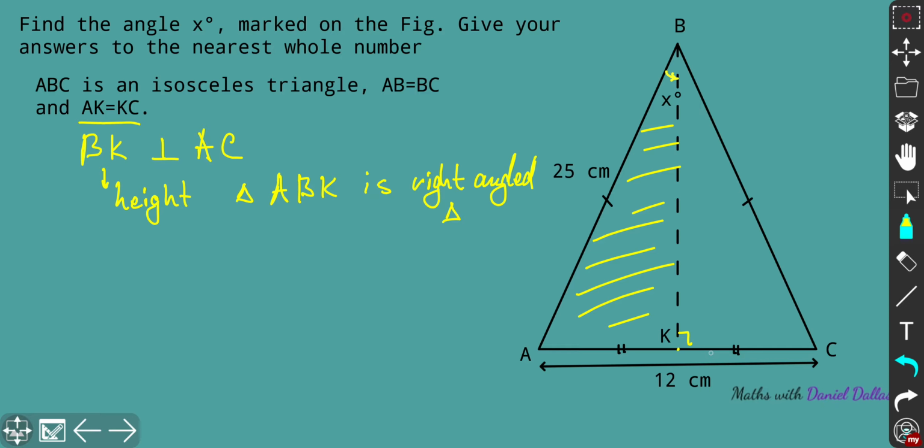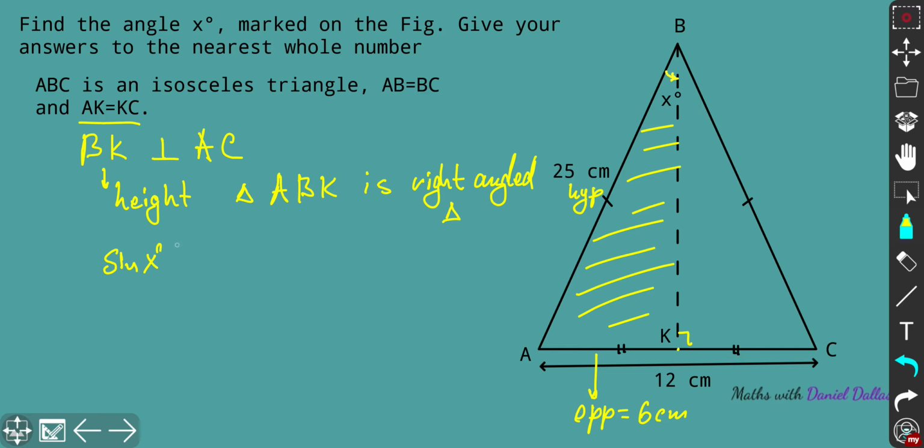We can use the trig ratio in order to find angle x. We are given the height, which is 25. We are given AK, which is the opposite side related to the angle, which is half of AC, which is 6 centimeters right now. So we can use the sine rule right now.